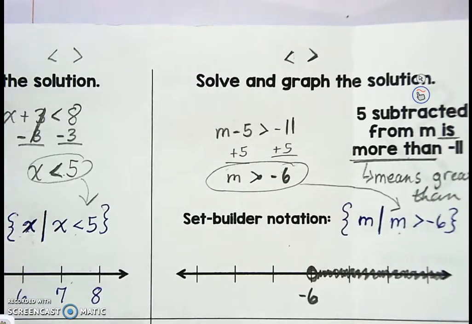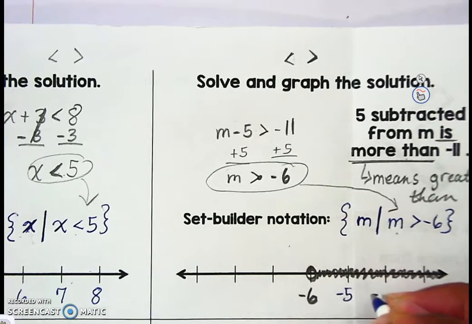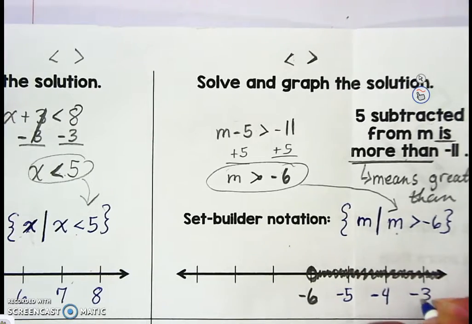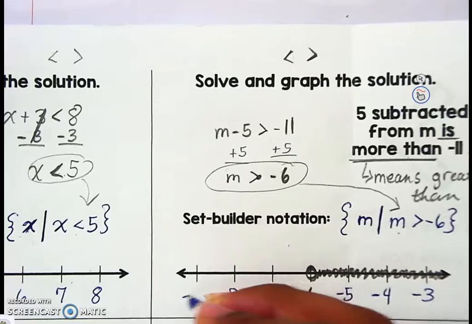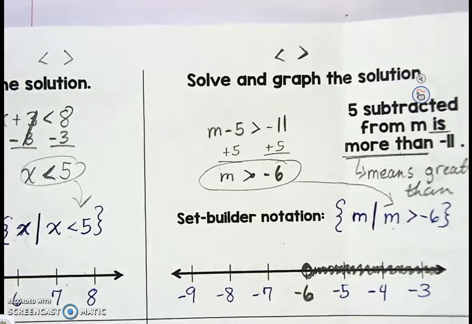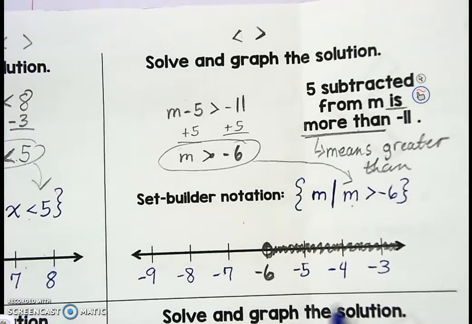Sorry. So here, if we put numbers in here, this is negative 5, negative 4, negative 3, and this is negative 7, negative 8, negative 9. Now, some of you guys might be like, whoa, wait a minute. Negative 5, negative 4, negative 3, that's not bigger than negative 6.